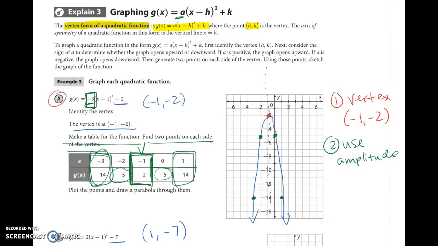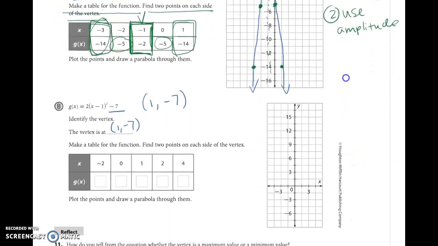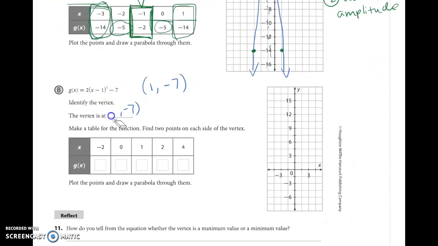Okay, so let's try that for B. Let's start fresh. Let's look at it and say, okay, what were my steps that I needed to do? Step 1 is to find your vertex, and step 2 is to use your amplitude.